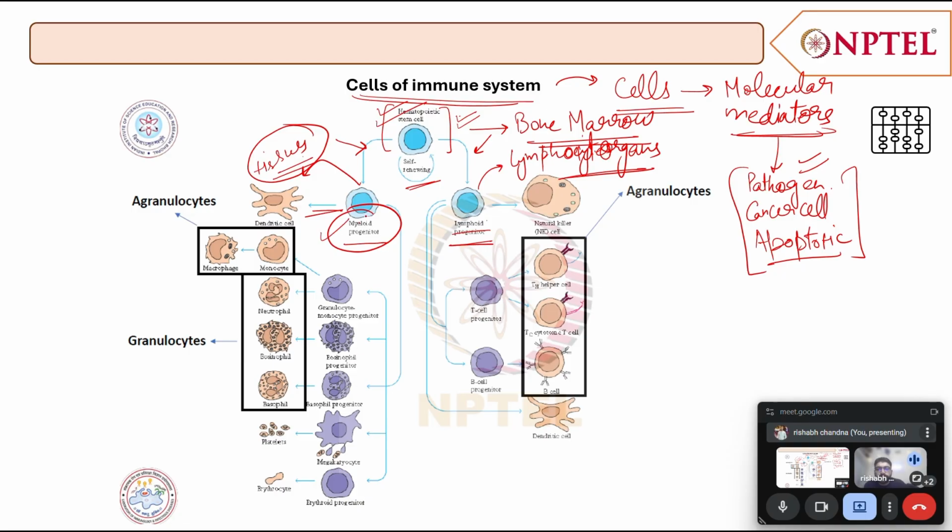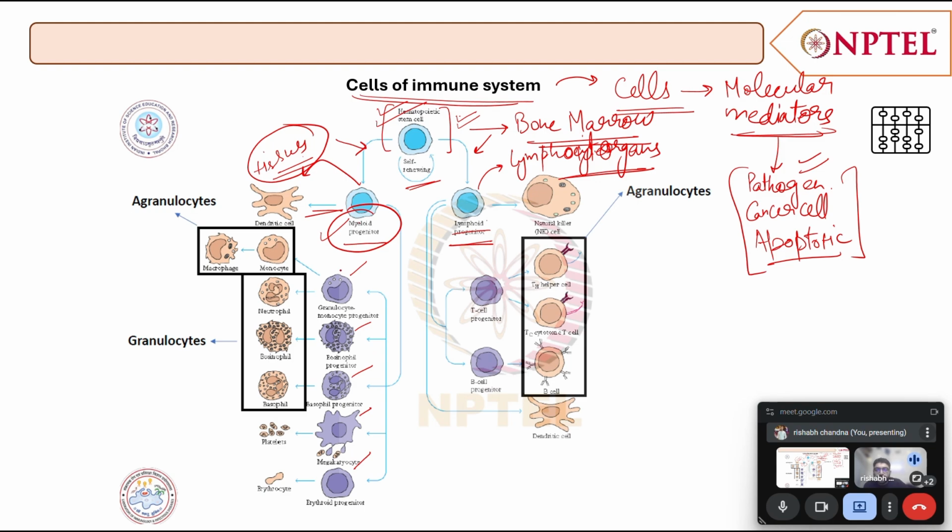Okay, so talking about the myeloid progenitor, it gives rise to various kinds of cells, like the granulocyte monocyte progenitor, eosinophil progenitor, basophil progenitor, megakaryocyte, and erythroid progenitor.